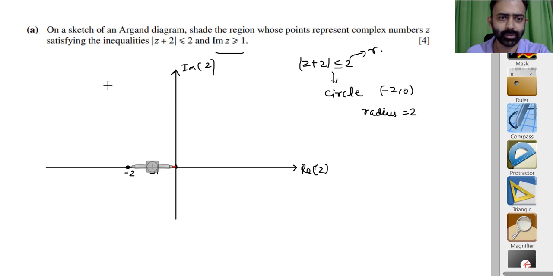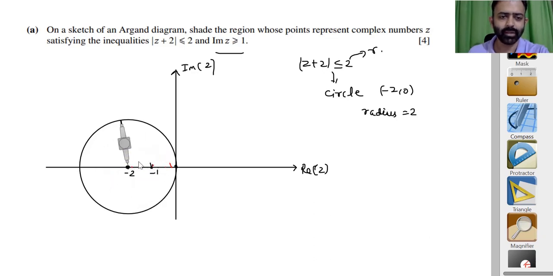Let me change the color also. So this is my circle with center minus 2 comma 0. This point will be the center and radius is 2, so it will touch your origin.